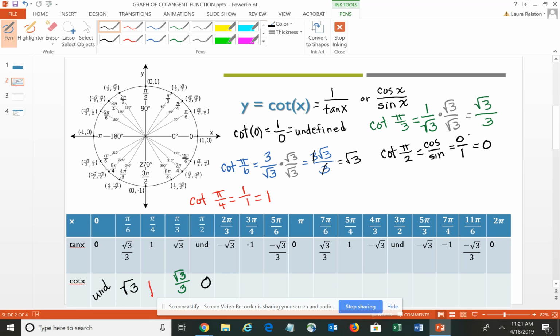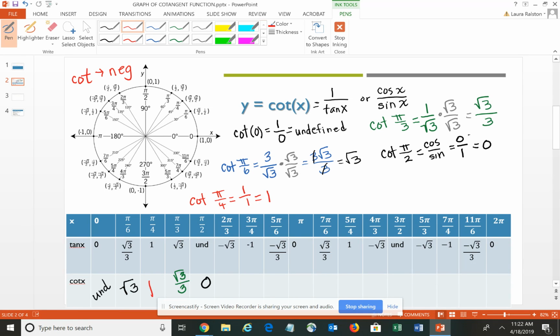Once you have that first quadrant, remember we can simply rotate around the circle using the same values but altering the sign. In the second quadrant, the cotangent would be negative because you have a negative divided by a positive, which makes it overall negative.